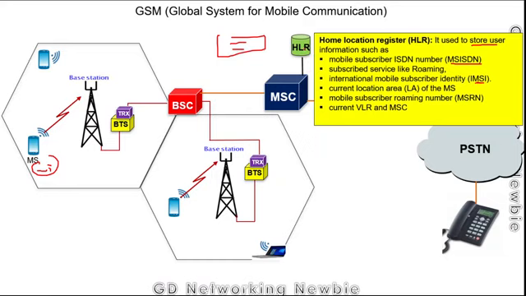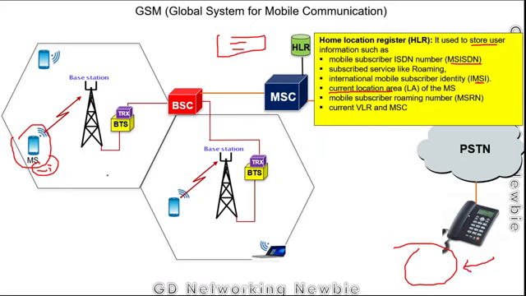And this home location register also saves information about the current location area of the user. So let's say the user can be here, sometimes the user can be somewhere else, maybe in a region where some other mobile operator is offering the services, for example.